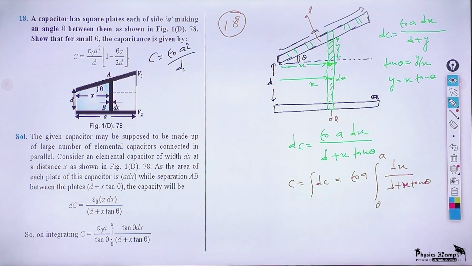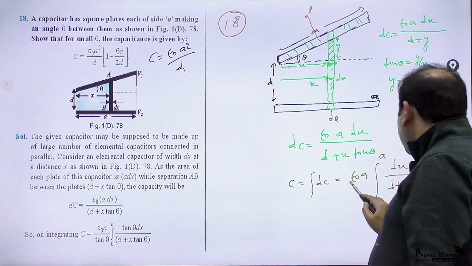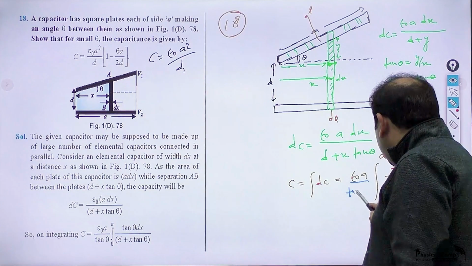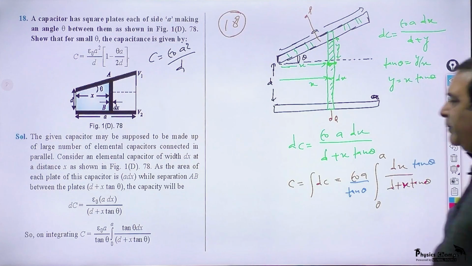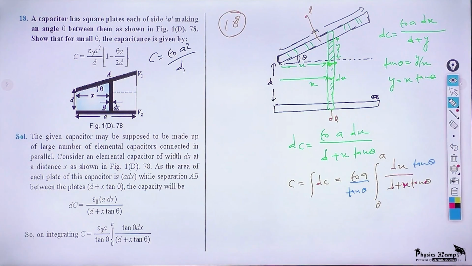But in order to integrate this dx by d plus x tan theta, we divide this by tangent theta and multiply this by tangent theta, like you can see here.